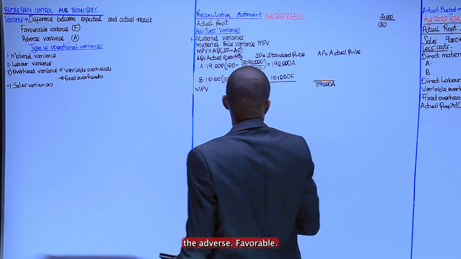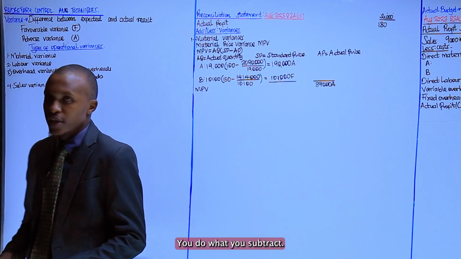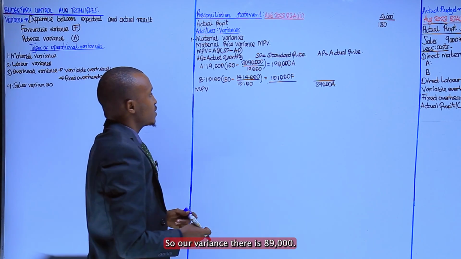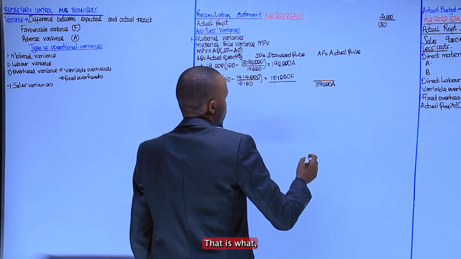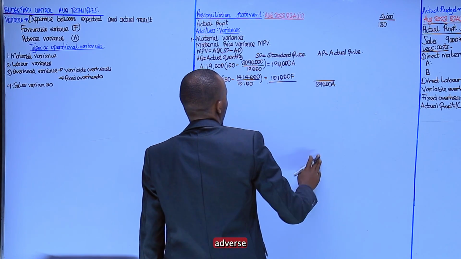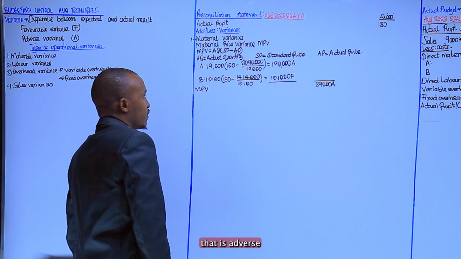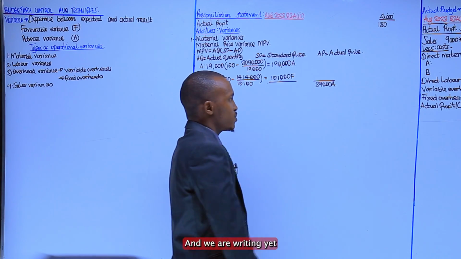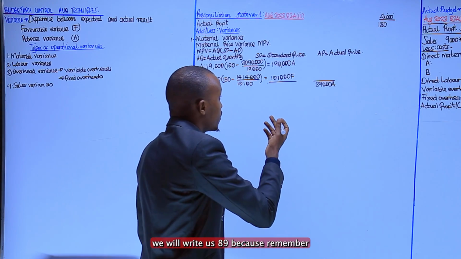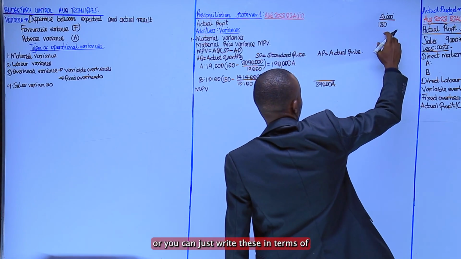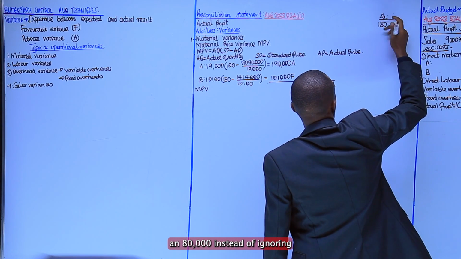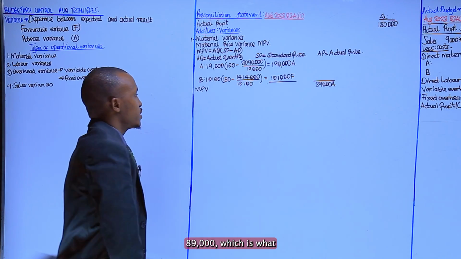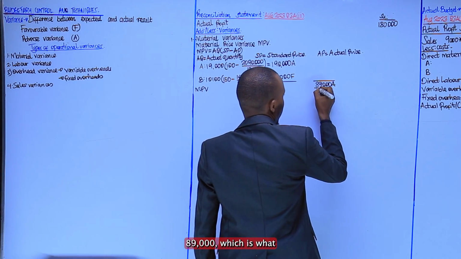The adverse and favorable, you subtract. So our variance there is 89,000 adverse. When we're writing here, we can just write this in total, 89,000, which is adverse.